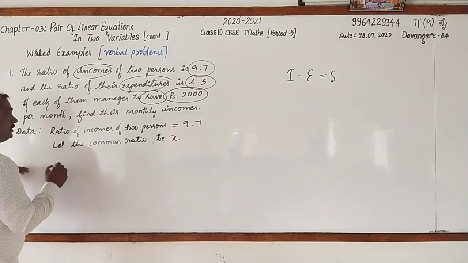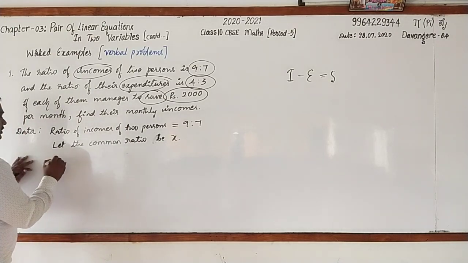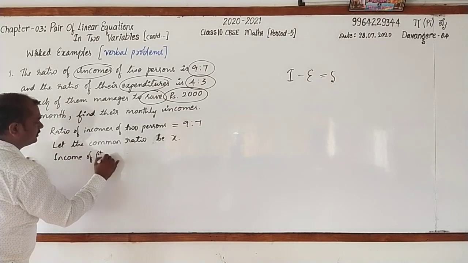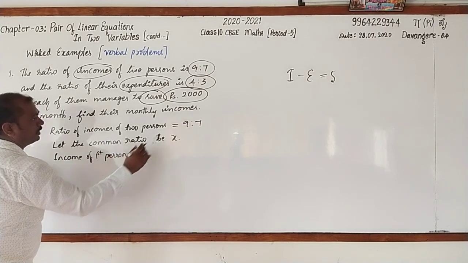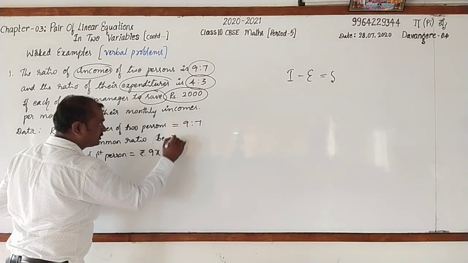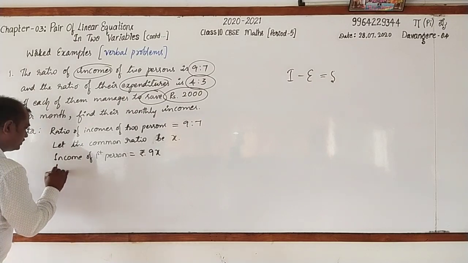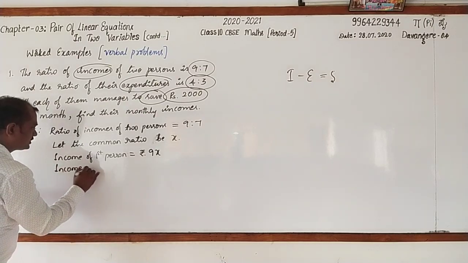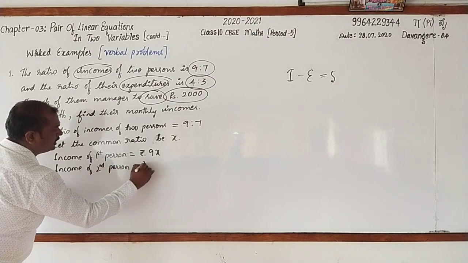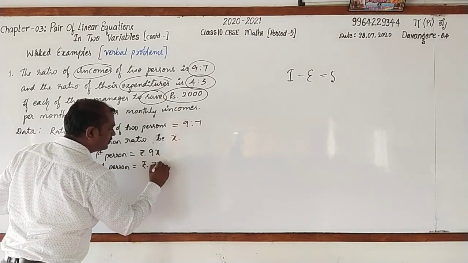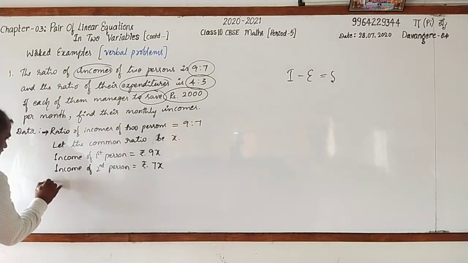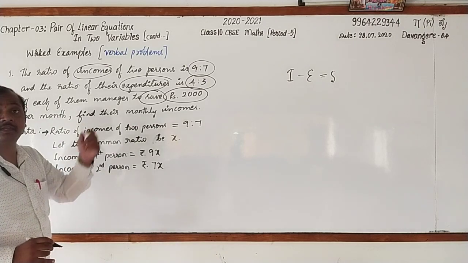If it is so, then what is the income of first person? Here I write. Income of first person, it is equal to rupees 9x. Got it? Then what about income of second person? It is rupees 7x.